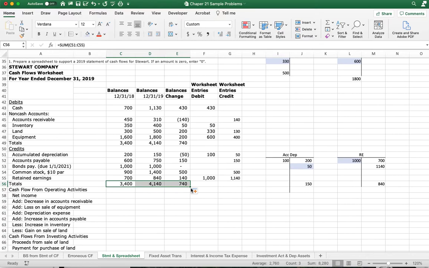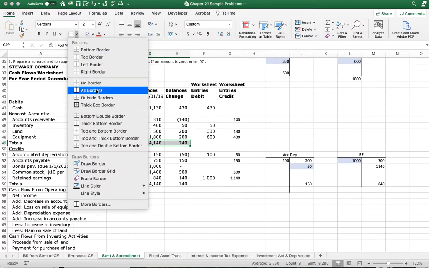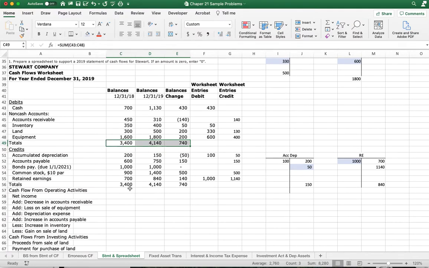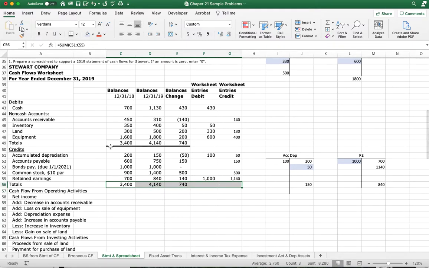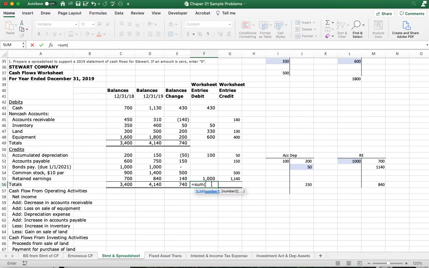And so we see that at this point, let me put our double bottom. We can see that our assets are balancing with our liabilities and equity at the beginning, the end of the year, and as far as the changes go. So that's a good sign. And then we'll also do a sum of all of our debits and all of our credits and confirm that they balance as well.